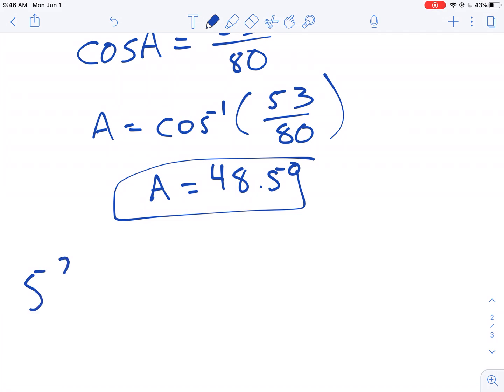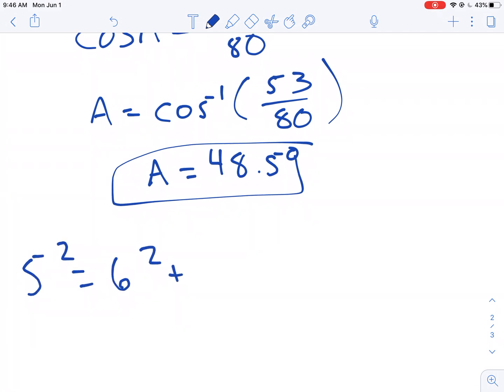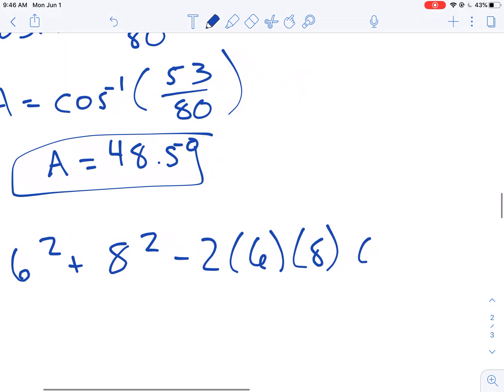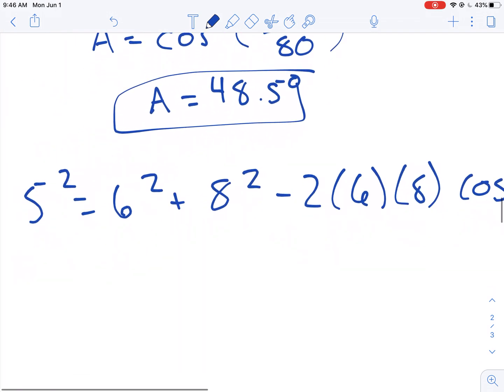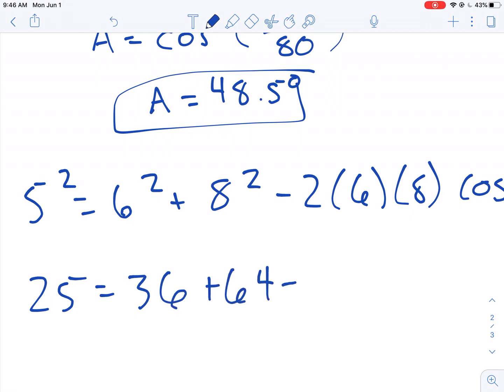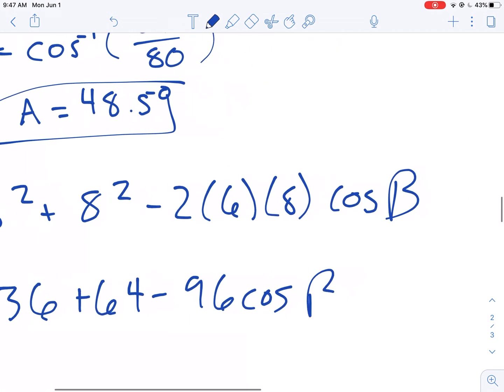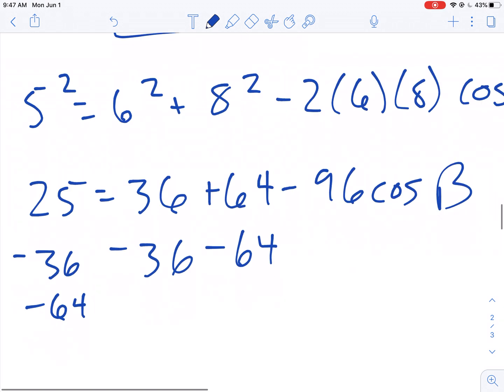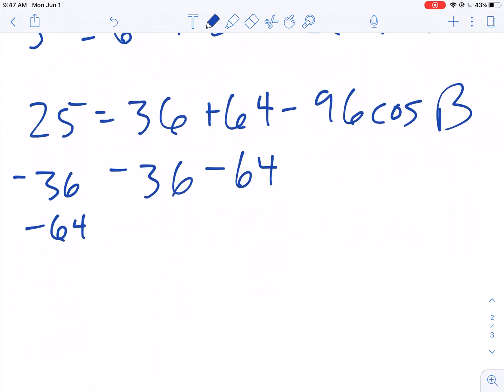So now we're going to say 5 squared is equal to 6 squared plus 8 squared minus 2 times 6 times 8 times the cosine of B. 25 is equal to 36 plus 64 minus, that's going to be 12 times 8, 96 times the cosine of B. We'll subtract everything out. So that ends up, now that's negative 11.